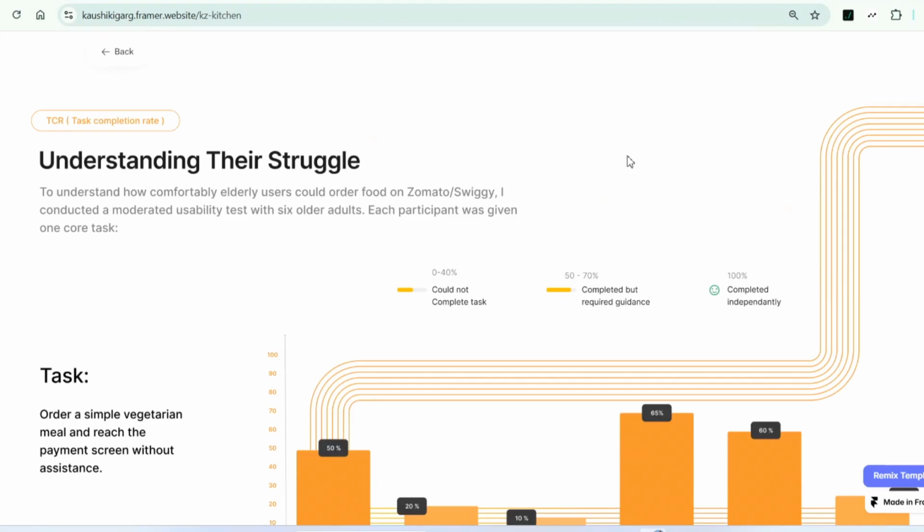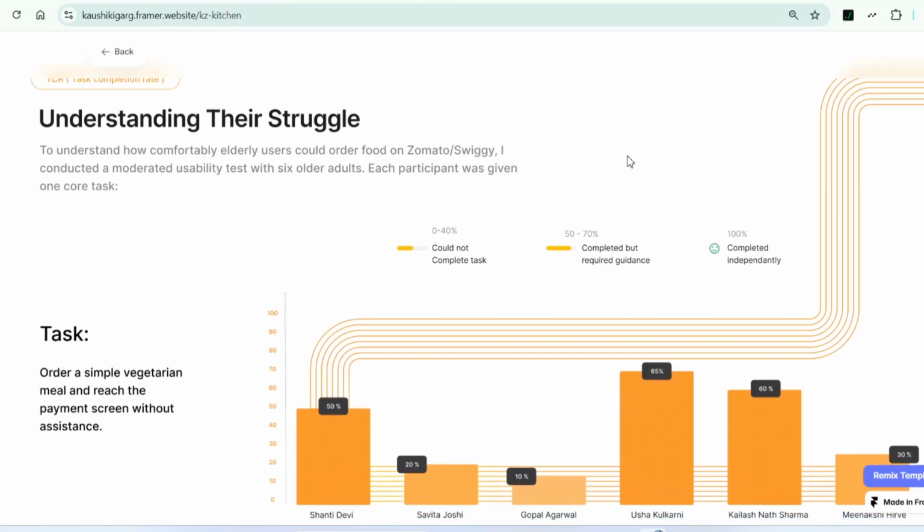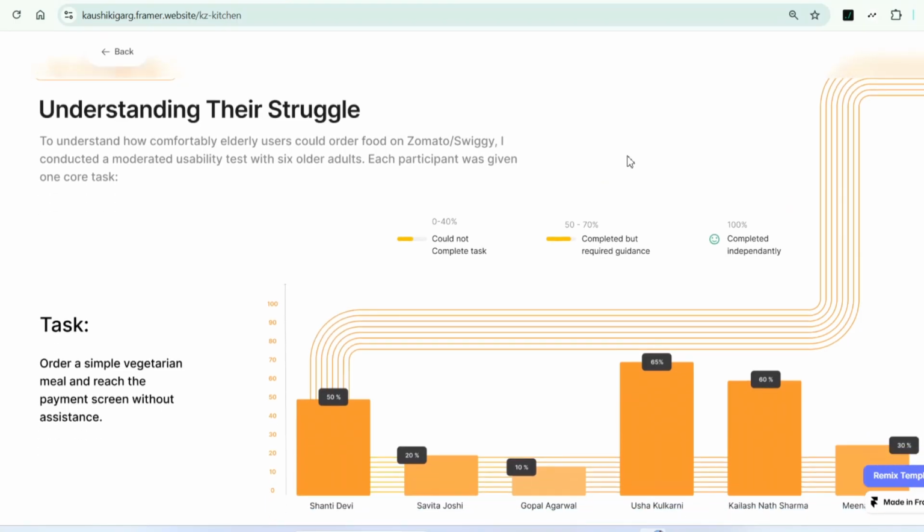To know this in detail, I conducted a task completion rate test, a method in which I gave them a very easy task: to order just a vegetarian meal on any food app, which was Zomato or Swiggy, whatever they had on their phone.